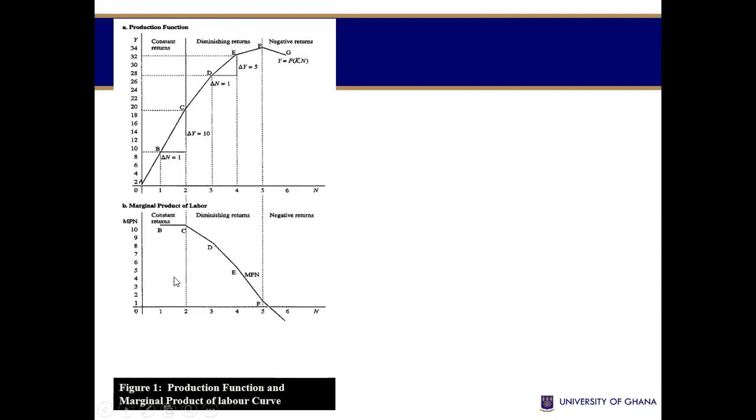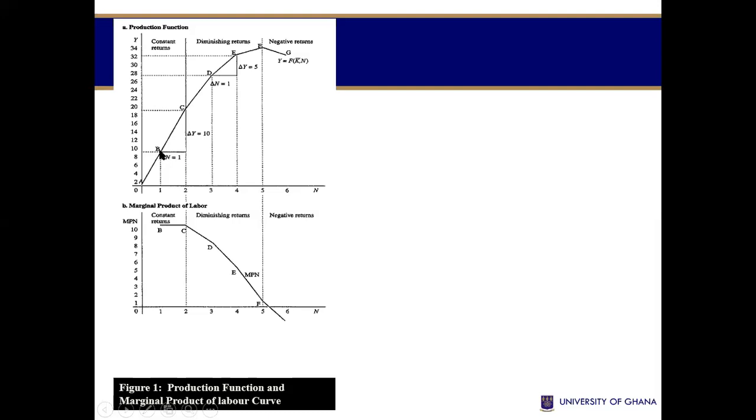So we are talking about the change in Y as a result of a unit change in N. That's why the change in N here is always one. When you stand at B, the units of labor hired was 1, and we had around 9 units of output.